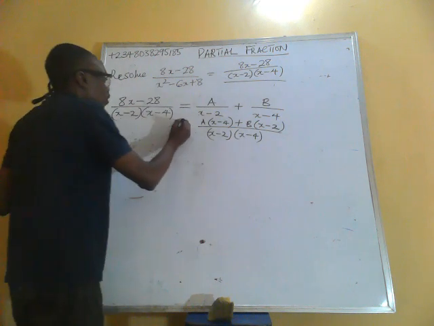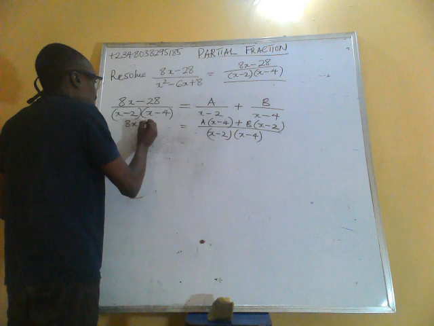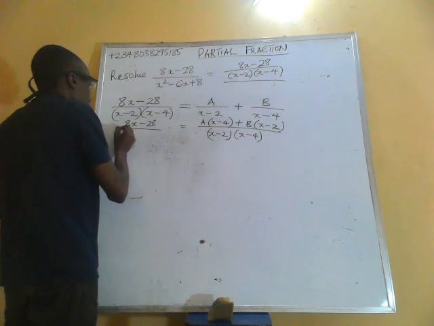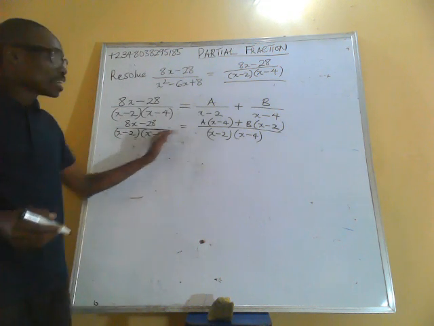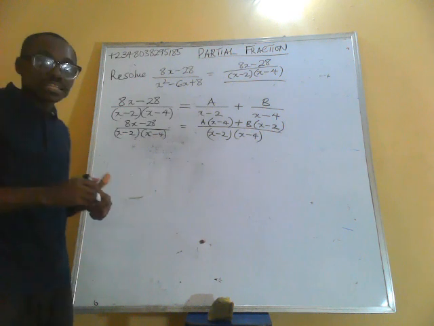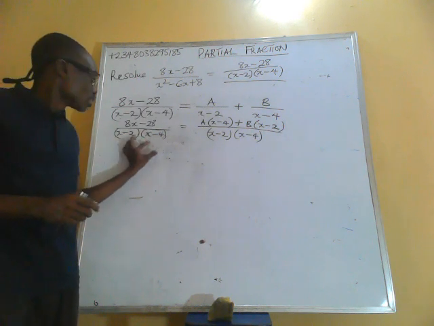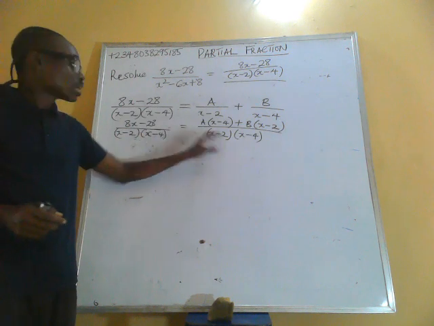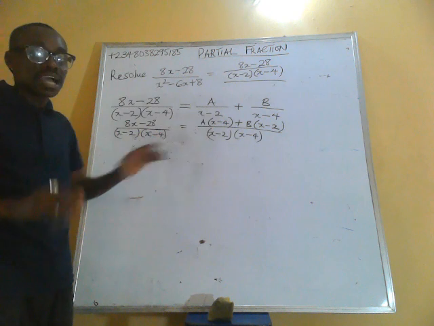So now at this point, you have 8x minus 28 on the left hand side, and on the right, the denominator x minus 2, x minus 4. Comparing the left hand side and the right hand side, since the denominators are the same, it also implies that the numerators are equivalent.